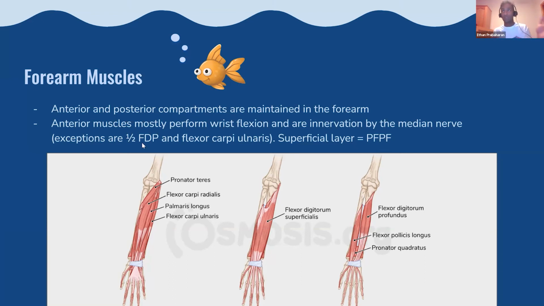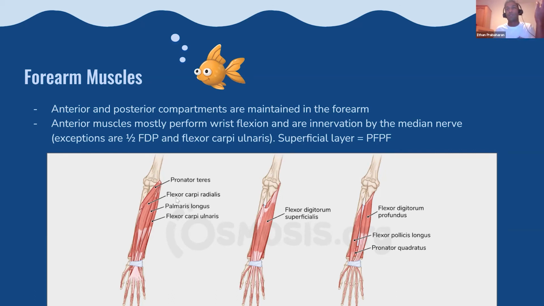And the half of flexor digitorum profundus is the two segments of the muscle that innervates your two ulnar digits. So the sections that flex the pinky and the fourth finger are innervated by the ulnar nerve. So basically, lots of your medial forearm is going to be innervated by that ulnar nerve, and those are the two muscles that are located most medially.